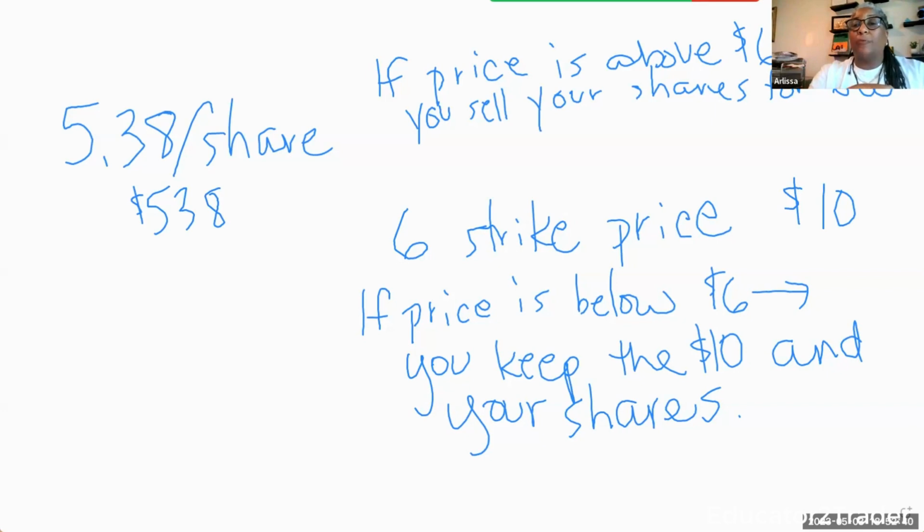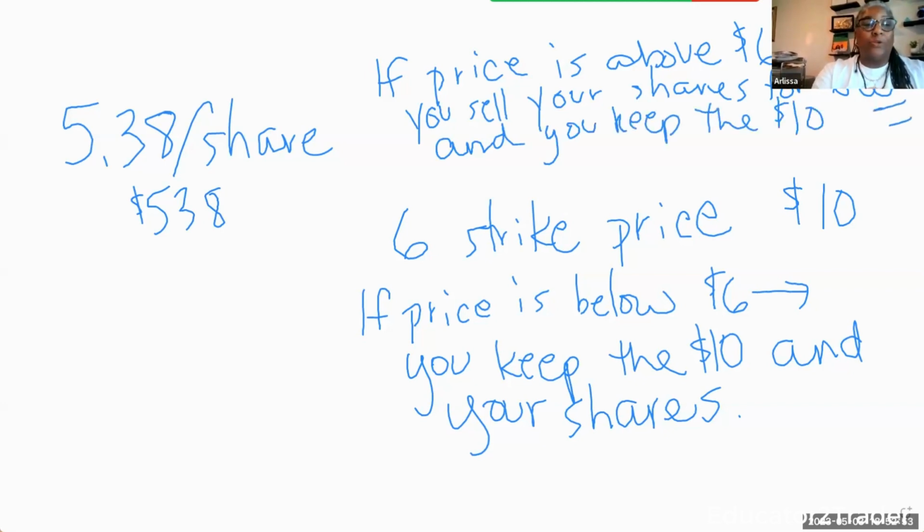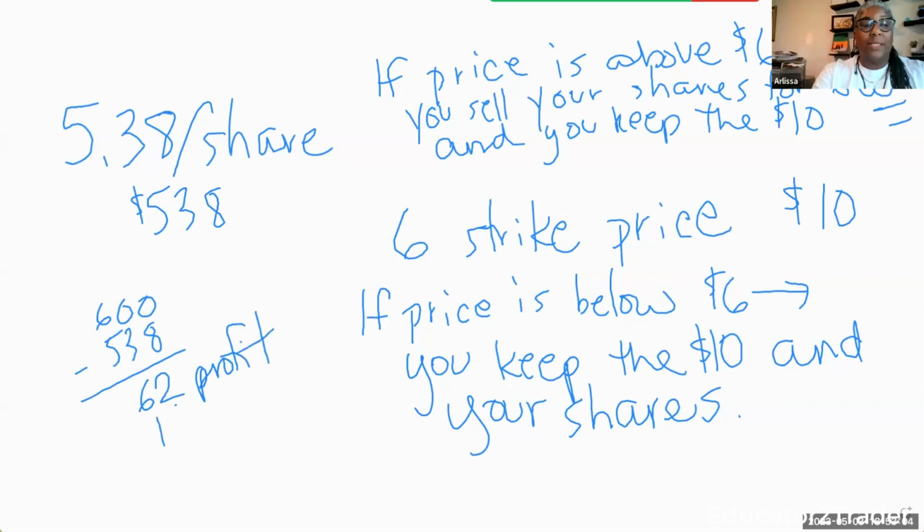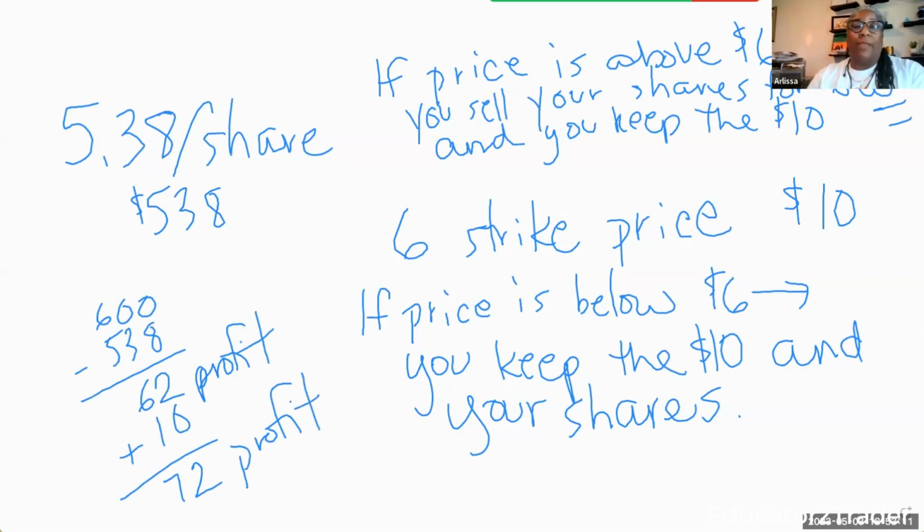You're selling your shares for $600 and you keep the $10. If you collected $600 but you paid $538, what kind of profit is that? $62. $62 of profit plus the $10 you collected in premiums, which means you got $72 in profit if the price goes above $6 at expiration.